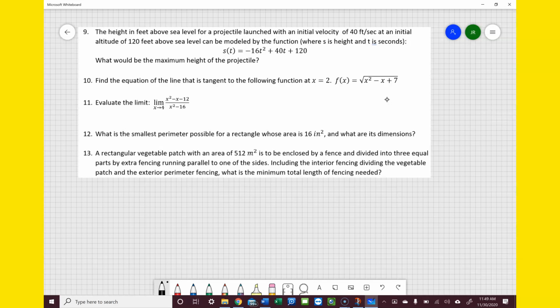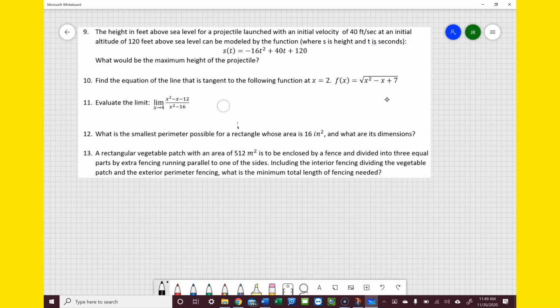All right, the limit, we're evaluating the limit as x approaches 4. So if we just plug 4 in, let's see what happens. That's going to be 16 minus 4 minus 12 over 16 minus 16. Well, that's going to be 0 over 0, which is indeterminate, which means we've got to do something else to figure out this limit.